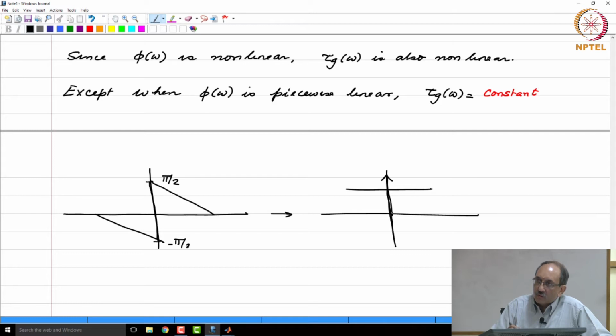Therefore, there is no component in the output at this frequency, and hence this impulse appearing is not an issue. And if you look at this from the other representation's point of view, namely amplitude times e to the j phase angle, that phase angle does not contain any jumps. Therefore, whichever representation you look at, there are no issues in terms of the group delay.